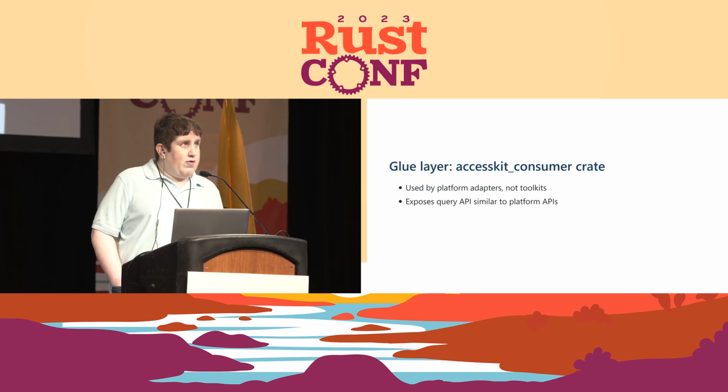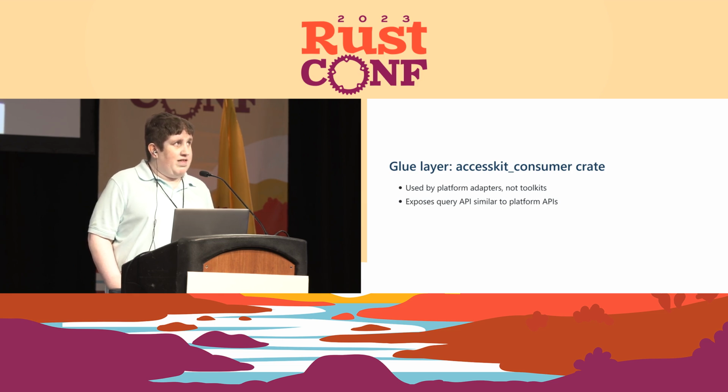And the consumer crate provides a pull-based query API that is similar conceptually to the platform accessibility APIs, so that simplifies the task of implementing the platform adapters, because the glue that's needed to bridge those two approaches is implemented in just one cross-platform place.